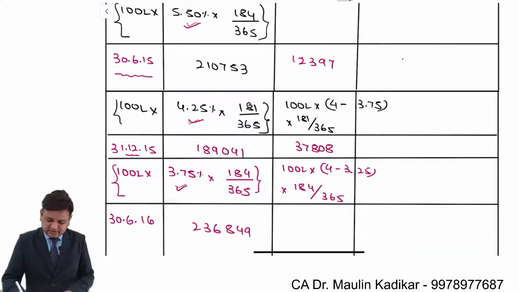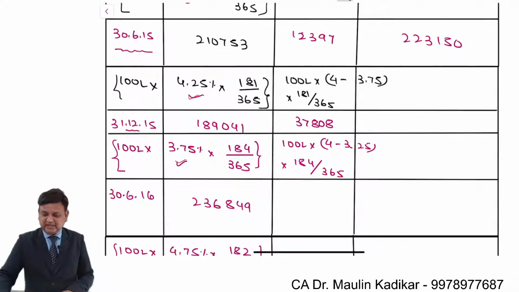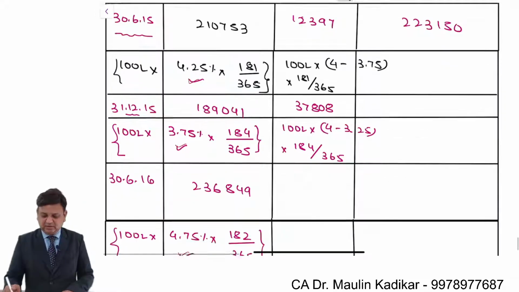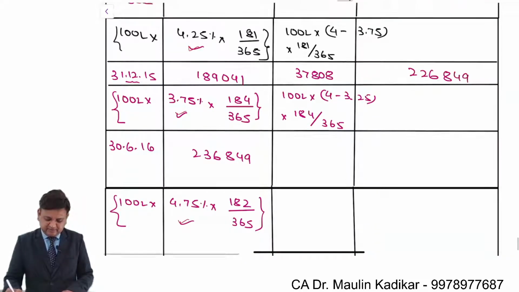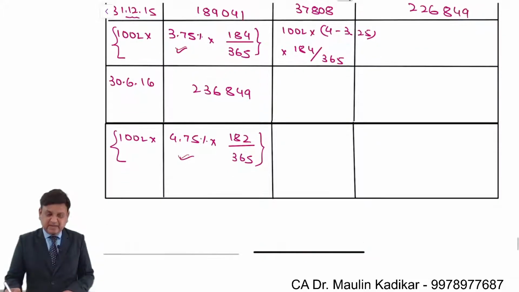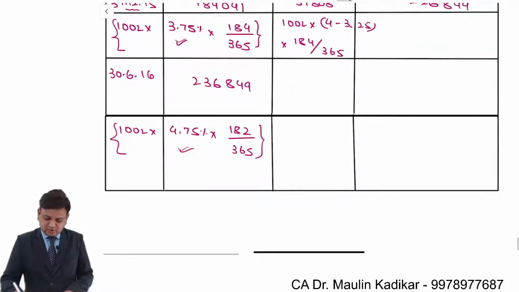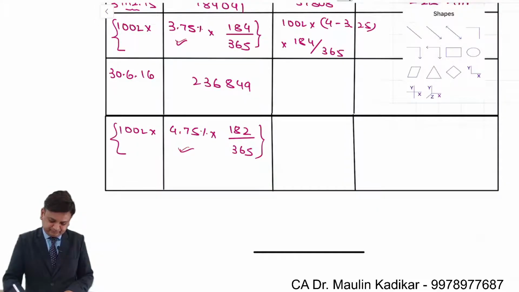So 2,23,150, 1,89,041 plus 37,808. So 2,26,849. And for the last one it is 2,36,849.